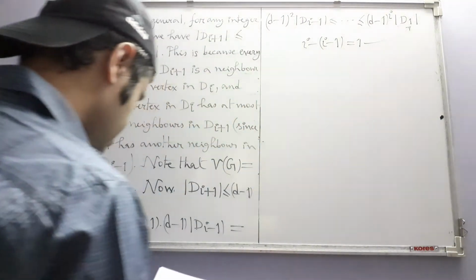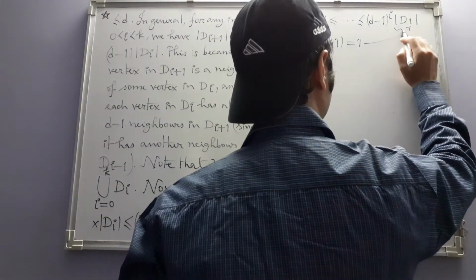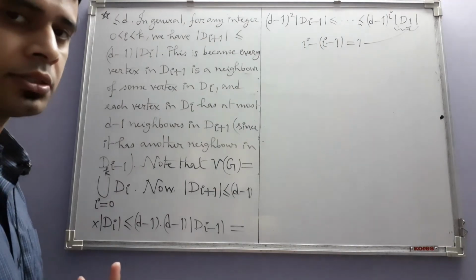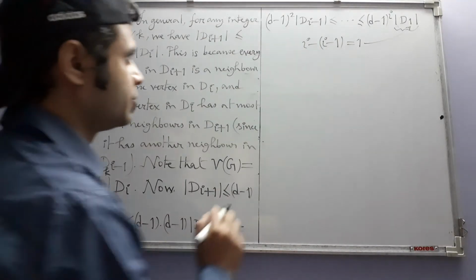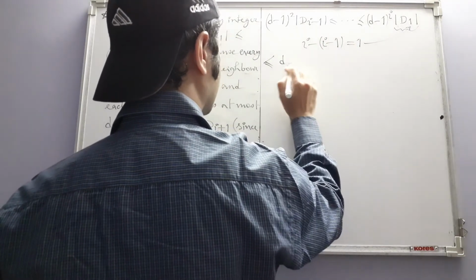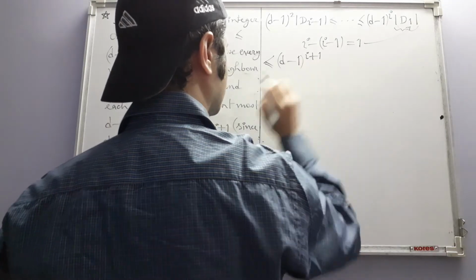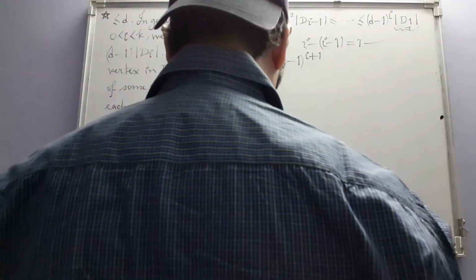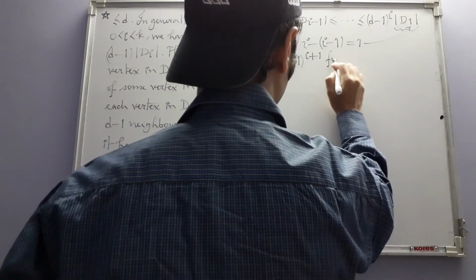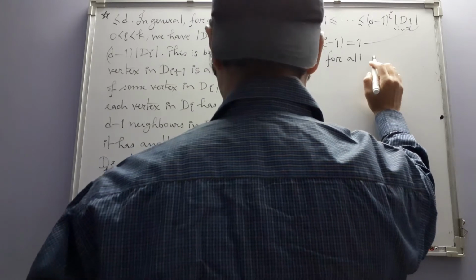So we get to this, and this cardinality itself is less than or equal to d minus 1. We have already seen this. So this is less than or equal to d minus 1 to the power i plus 1, and these things are true for all i less than k.